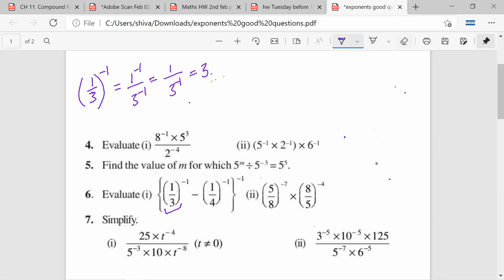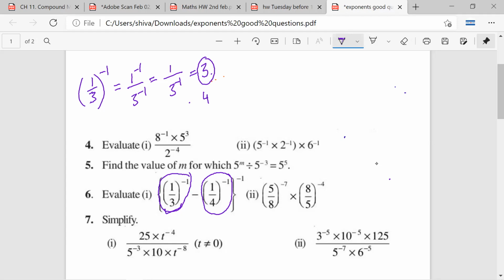So basically, Aishwarya ji, what I'm trying to tell you is that this whole can be written as 3. Are you comfortable? Yeah. Okay. So if I write the whole of this as 4, are you okay?